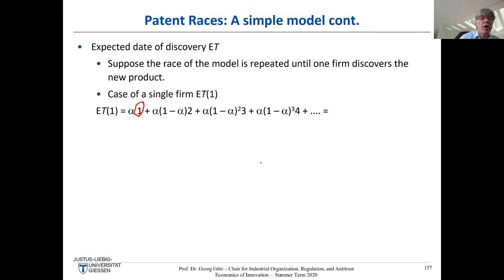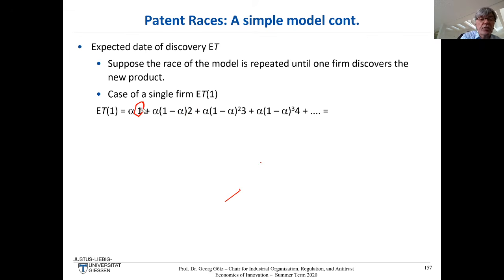So with probability alpha, you are finished in period 1. But with probability 1 minus alpha, you are not successful, so you end up in period 2. Of course, the race is finished in period 2 only if you are then successful. That is, you have alpha.